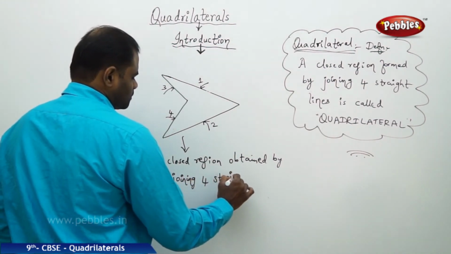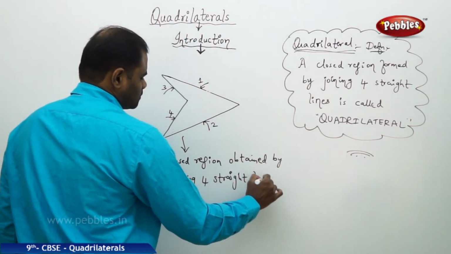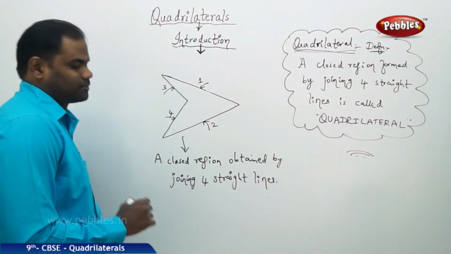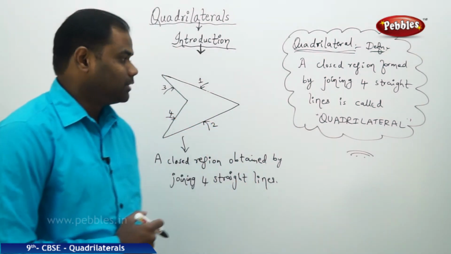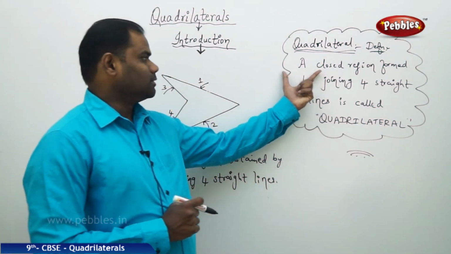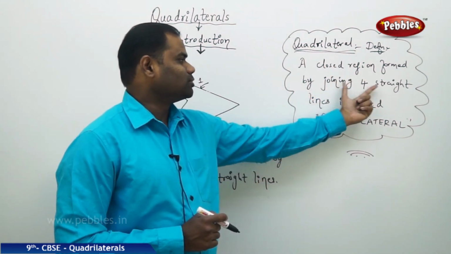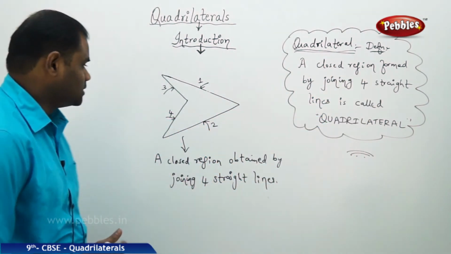Let's see if this is a quadrilateral. Yes, according to the definition, this is a closed region formed by joining four straight lines.